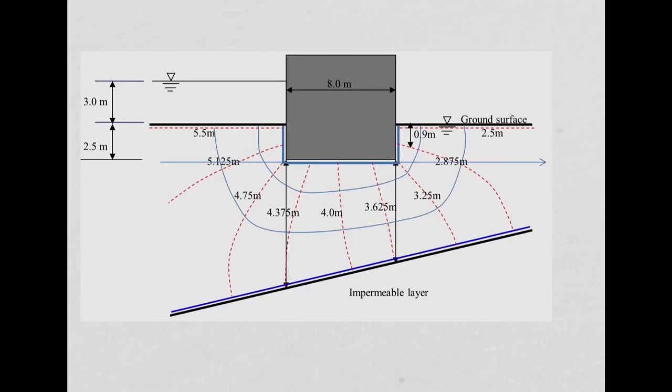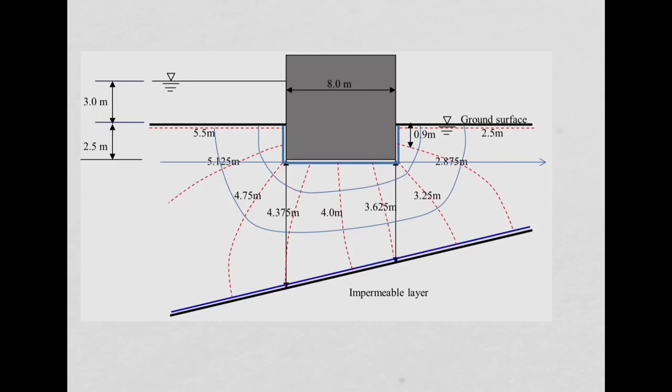So I draw my flow net, as you can see here, and I choose my datum to be at the bottom of the dam, because it will make my calculation easier. But you can have your datum anywhere; the most important thing is that your datum must be horizontal.